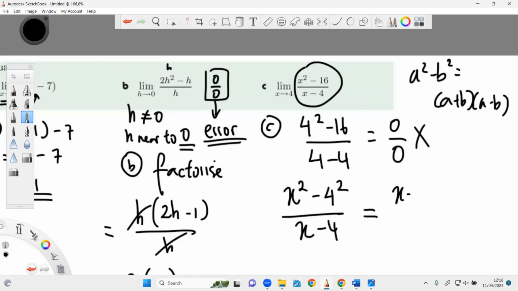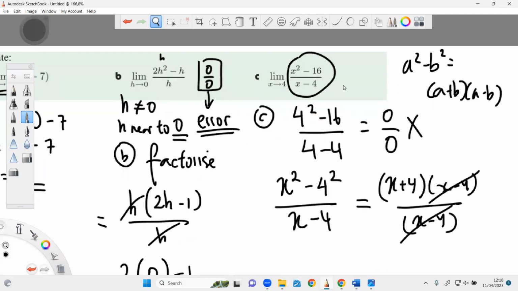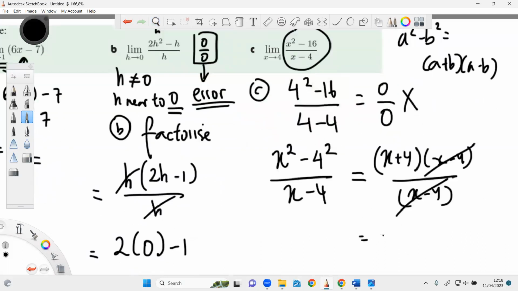Then you can separate the x square minus 4 square. And then you can get x minus 4, cross out. So you get the answer, x plus 4, and you insert x equals 4. You get 8.